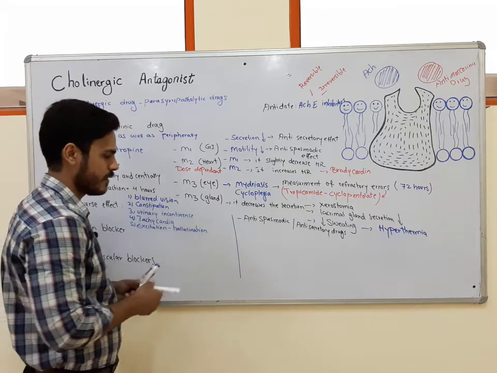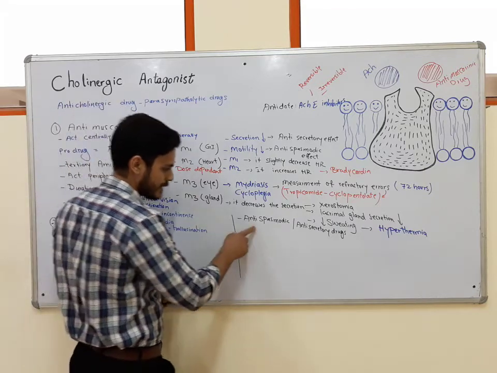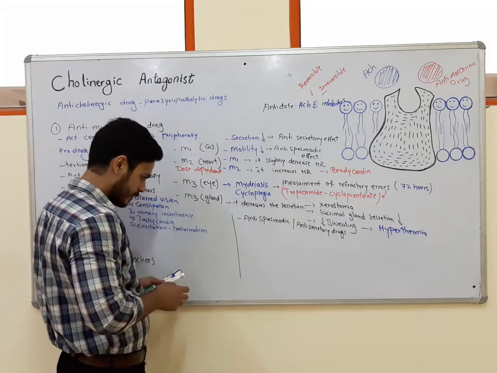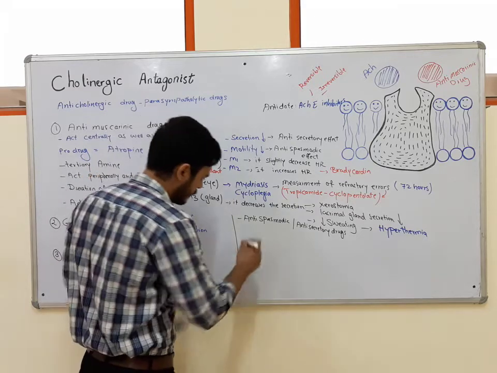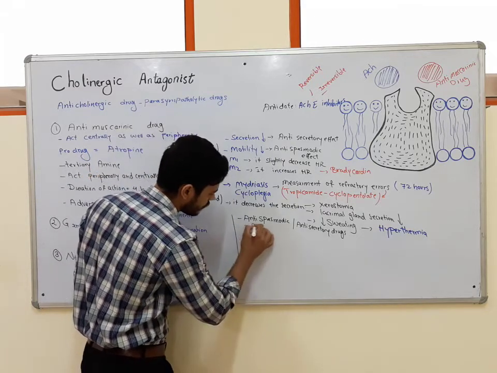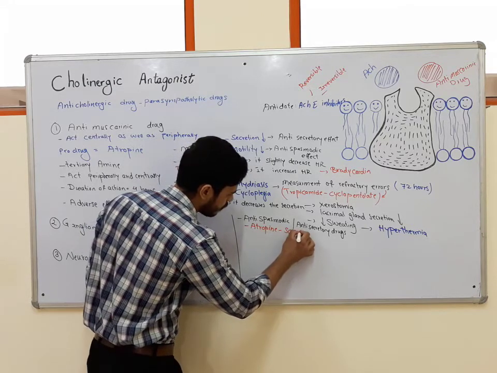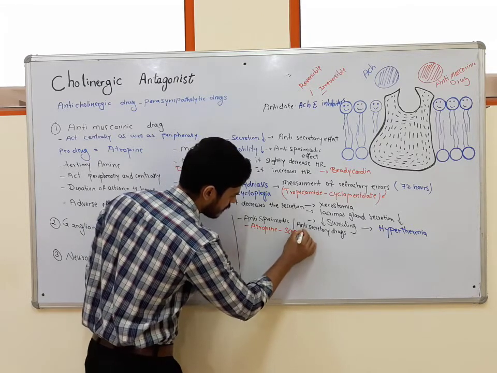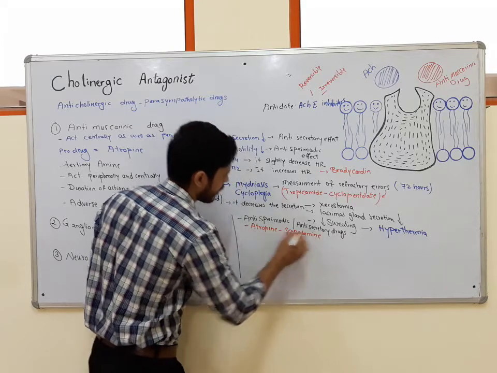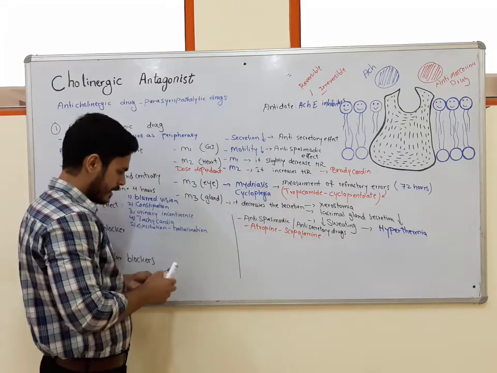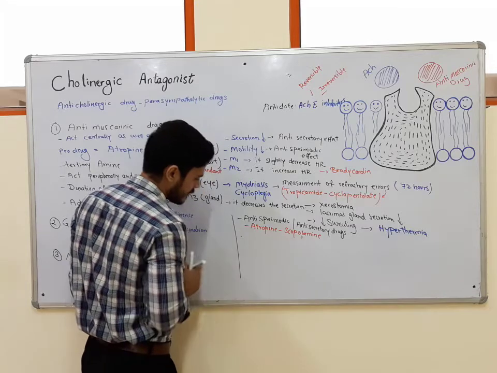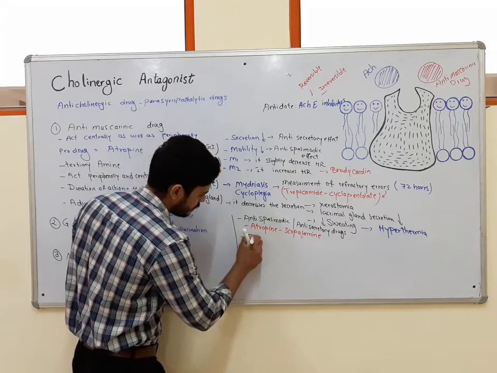Scopolamine is one of those drugs which can show antispasmodic, anti-secretory effect. So, what are the drugs? Atropine, scopolamine. As I said, we can use them for treatment of motion sickness, anti-motion sickness.